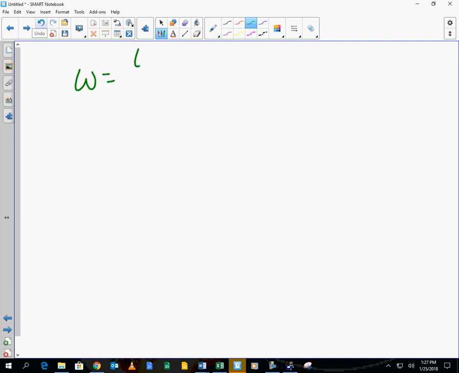Omega is equal to theta divided by t, we said, and velocity is equal to s divided by t. Well, what is s in terms of what we talked about yesterday? Very good. r theta. We said in order to calculate arc length, you took s equals r multiplied by theta. Remember that yesterday? Awesome. Now I'm going to slightly rewrite this.